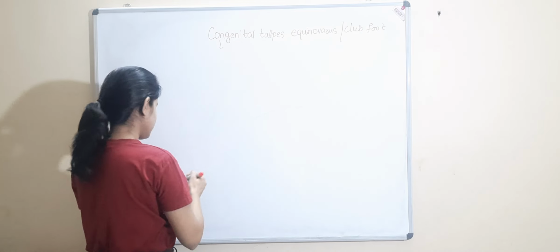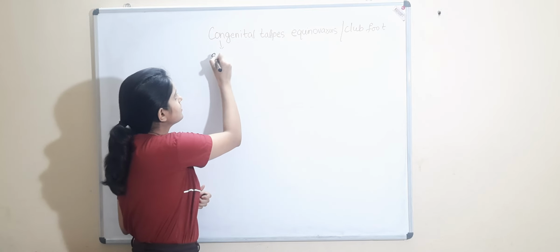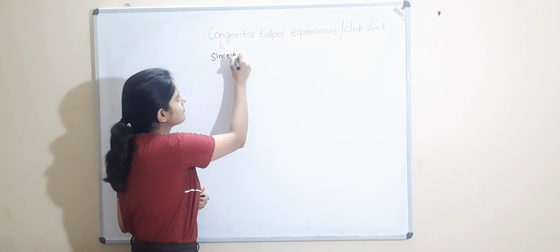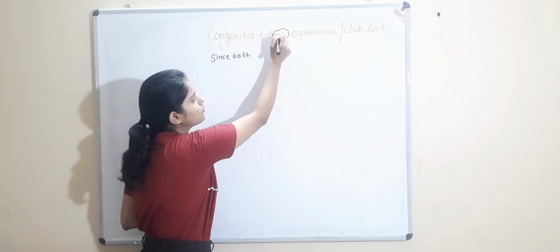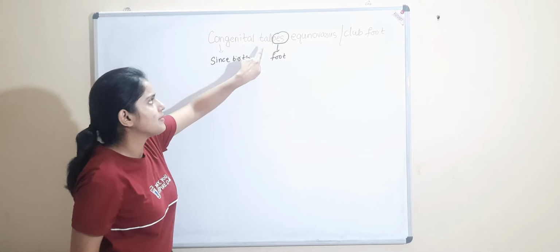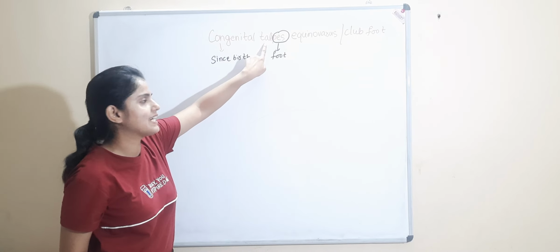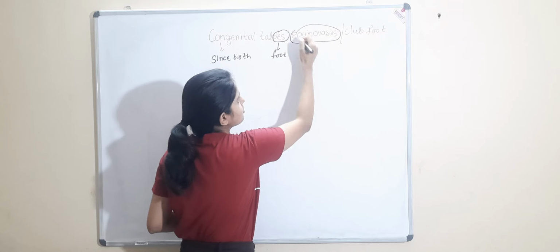Congenital means it is present since birth. Pes means foot. Talipes, we can also remember that talus is involved. Equinovarus is the deformity.